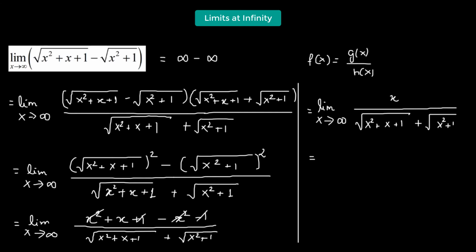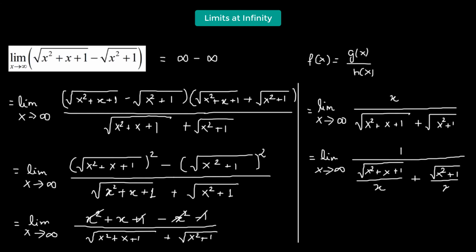Now we're going to divide the numerator and denominator by x, and that would give us 1 divided by the square root of x squared plus x plus 1 divided by x, plus the square root of x squared plus 1 divided by x, which equals limit x approaching infinity.